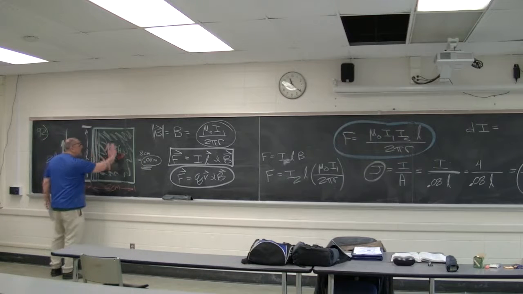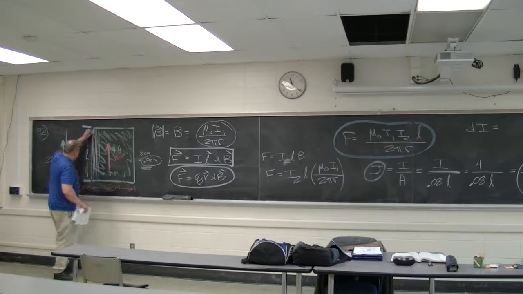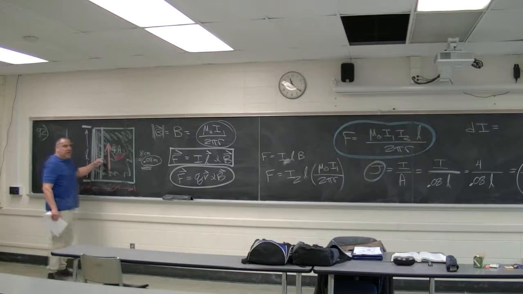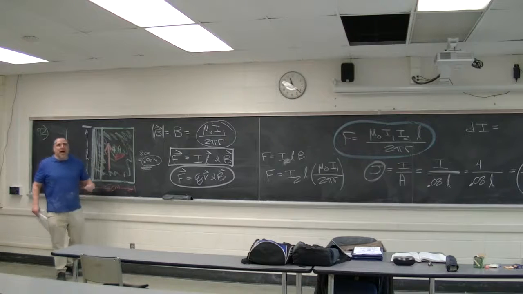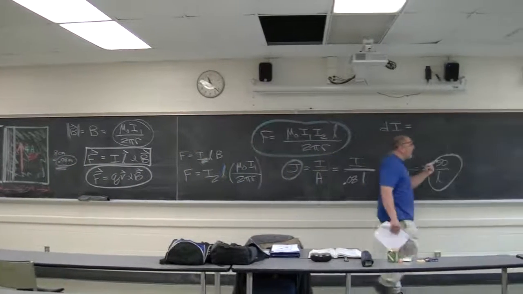If this is all 4 amps, you guys, how many amps are here if this strip is 1,000th of the area? How much current is going through here? 1,000th of 4 amps. So that's where this is coming from.